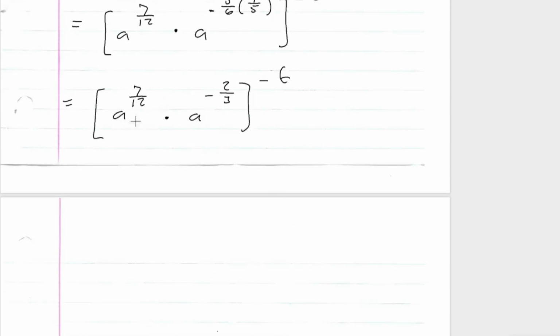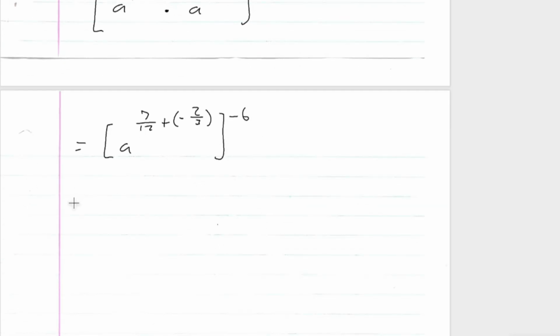So whenever we do multiplication and they have the same base, we add the exponents. So this will be equal to a to the 7 over 12 plus -2/3 raised to the -6. And then this will just be a to the 7 over 12 minus 2/3 raised to the -6.